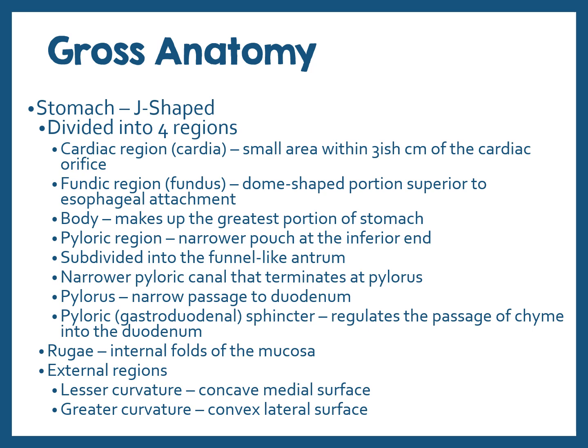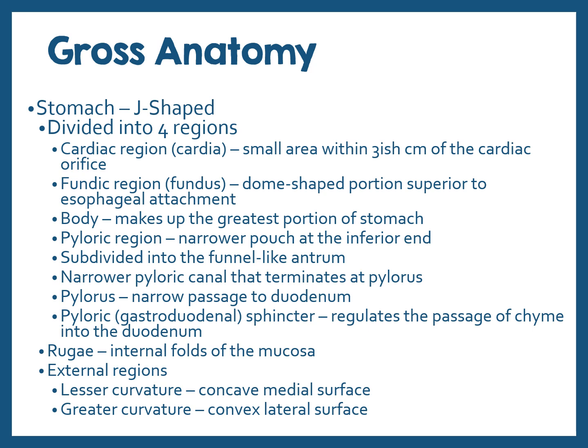When it comes to the stomach, this is a J-shaped organ, and it can be divided into four major regions. I'm going to go over each of these structures using the picture, but I wanted to provide you something that you could print off or screenshot or look at in order to reference these structures.